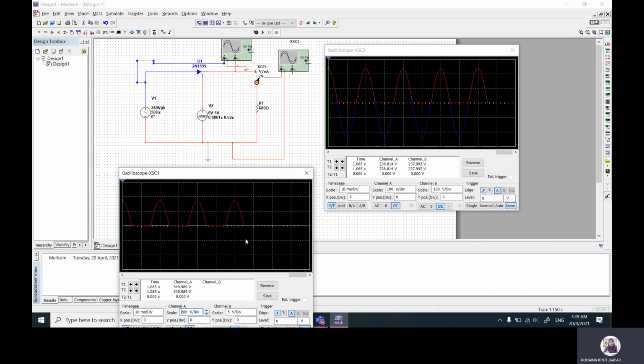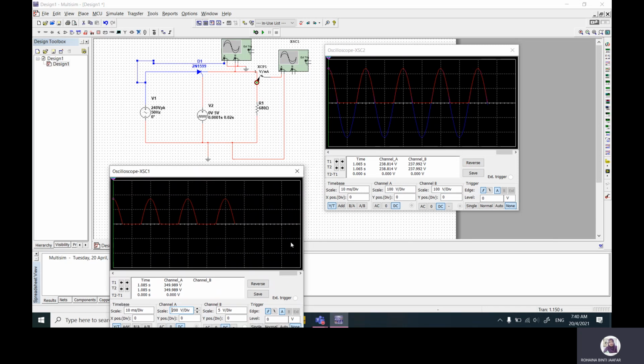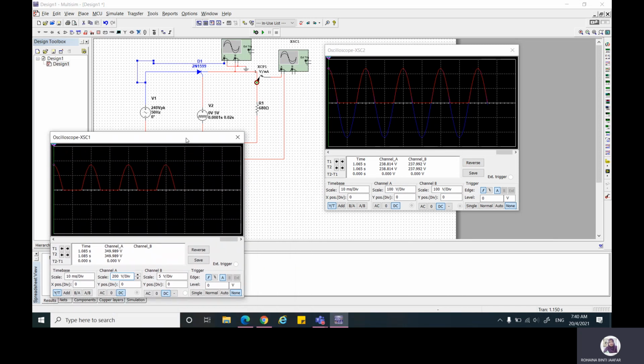Okay, so this is actually the waveform with firing angle 0 degree. So after this, I will show you another example with different firing angle, so you can see the difference. Okay, so this is your waveform with 0 firing angle.